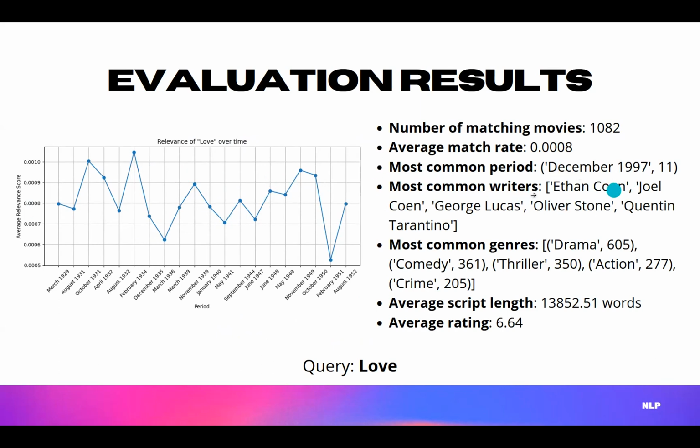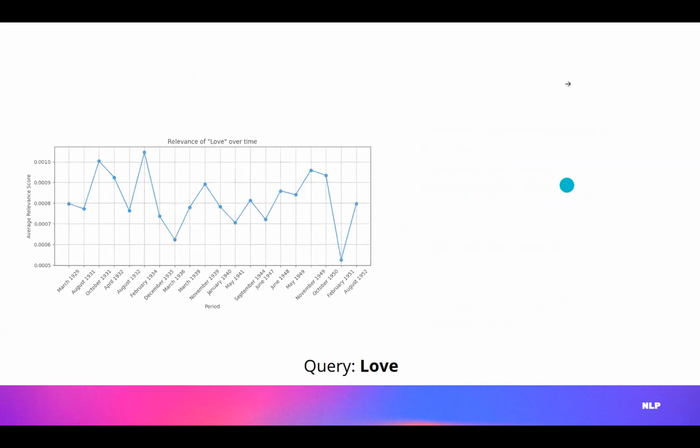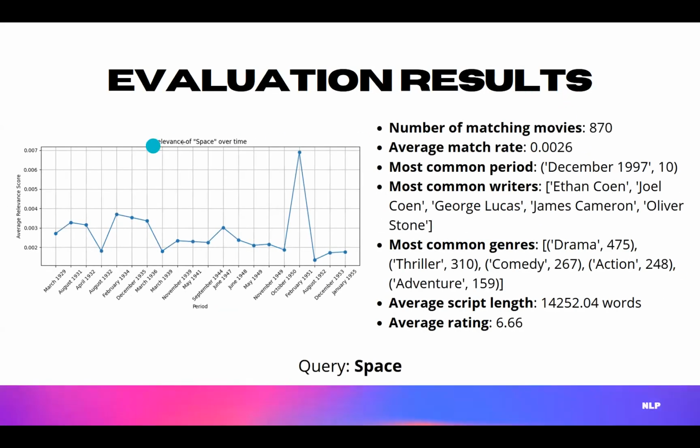So we can see that, for example, George Lucas and Ethan Cohen are the most popular writers for the movie scripts, and drama is the most popular genre because the query is love. And now for space, we can still see that George Lucas appears because, like Star Wars, it's in space, so that's obvious. And drama thriller, same.